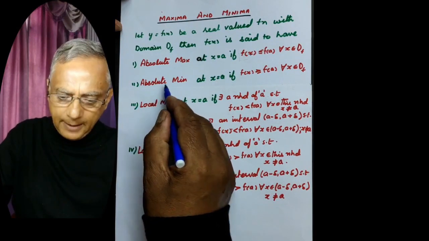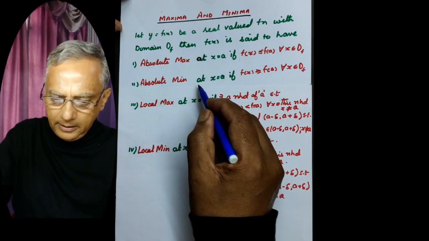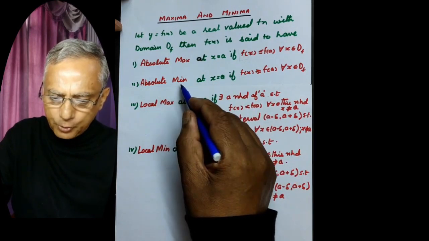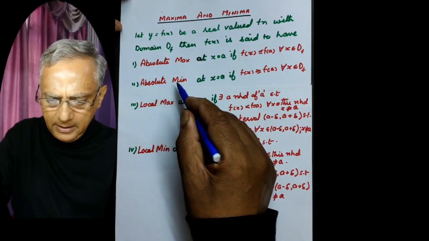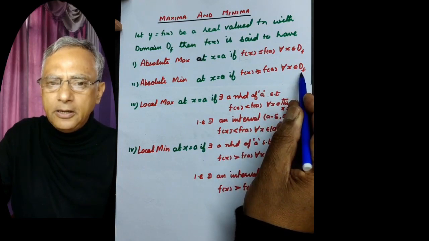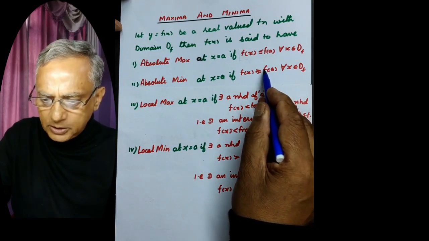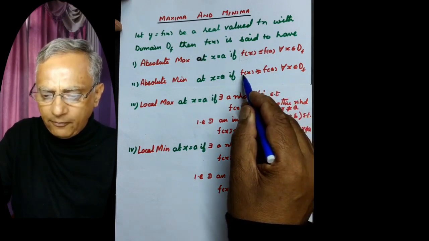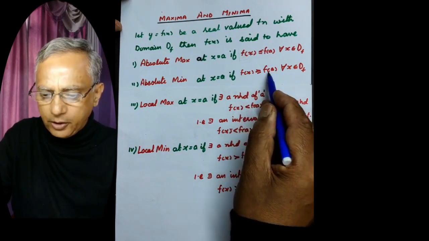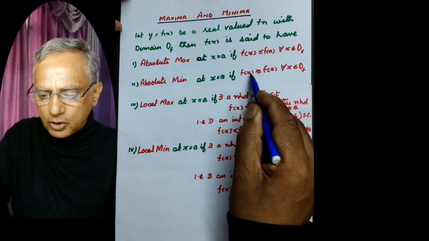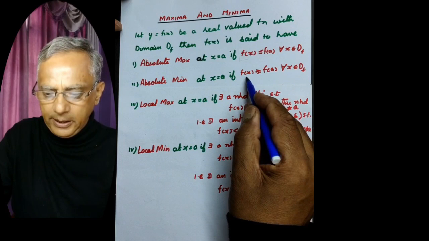Next is absolute minimum at x equal to a. Absolute minimum means the minimum value of the function in the whole of its domain, and since this value at a is the minimum value, all other values are greater than or equal to this value.